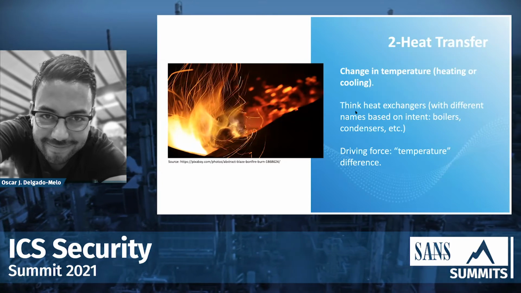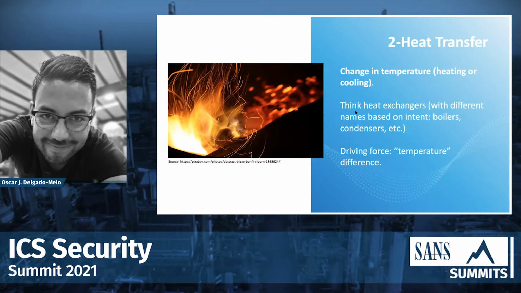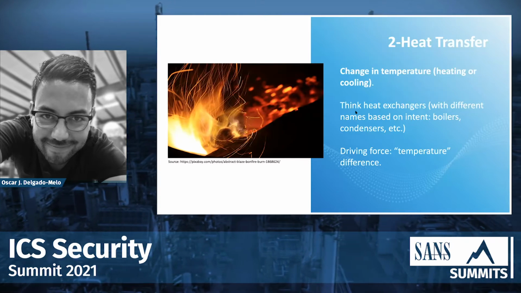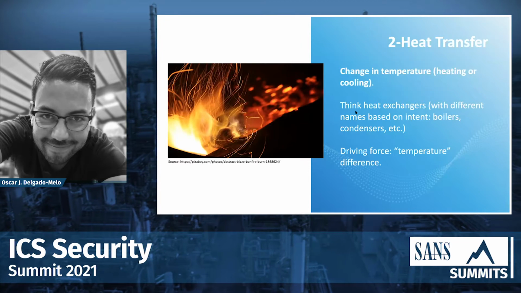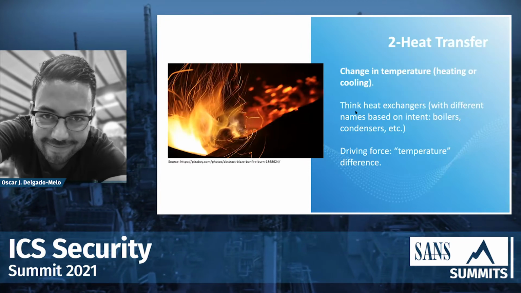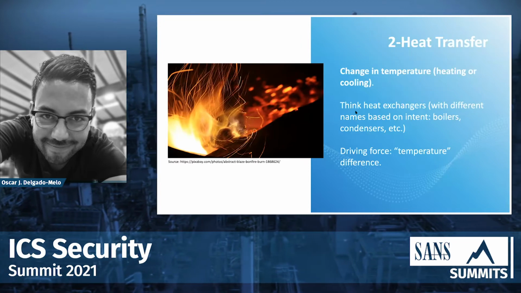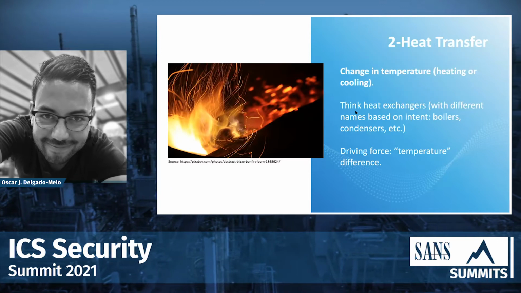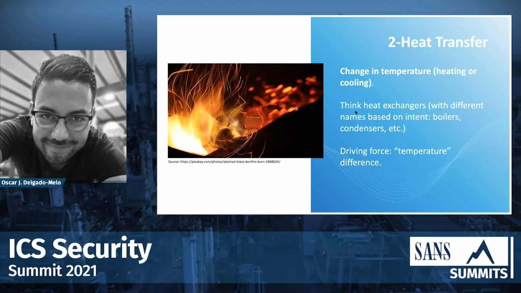You will hear some operators say the reboiler, the top condenser, the side condenser, the side reboiler. This is basically just based on the location in the process, but everything is just a heat exchanger. And the key term here is temperature difference. That's what you want to look at when you're using this block.